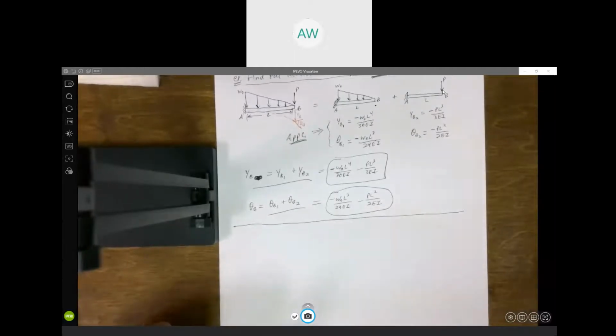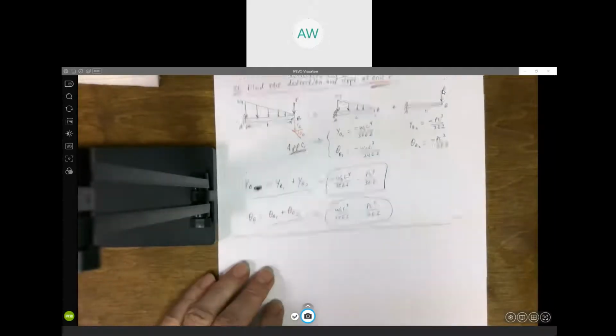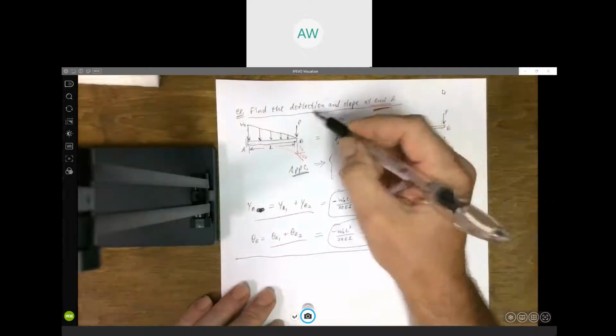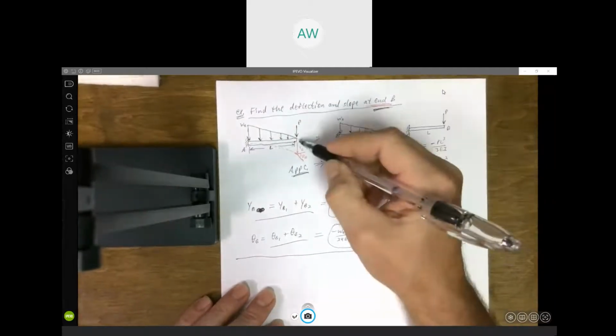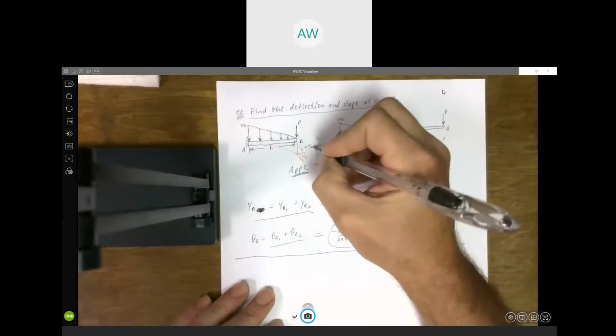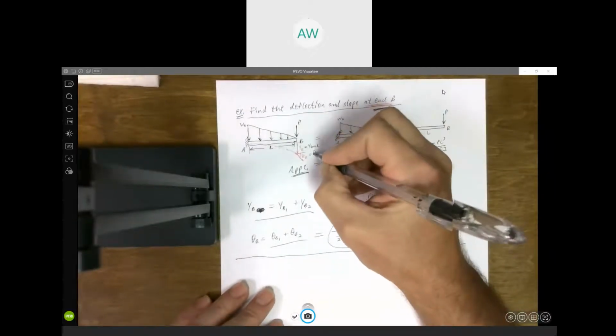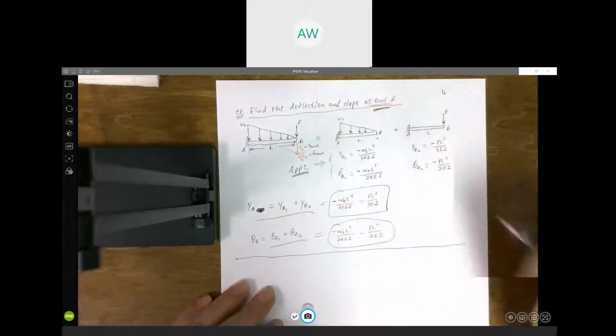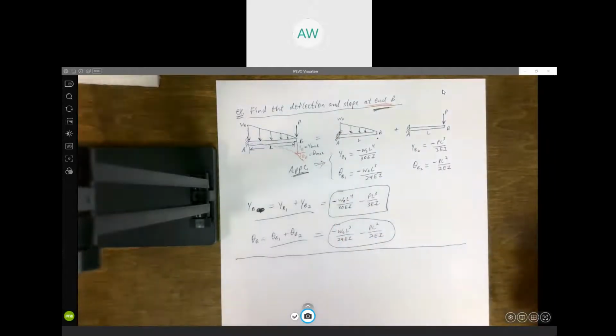Well, and the question is, can you just use the maximum for these problems? Well, for this problem, yes, because this problem asks for the deflection and slope at end B, which is where you get the maximum, right? This is y max, this is theta max. Now, I'll go back to the table.